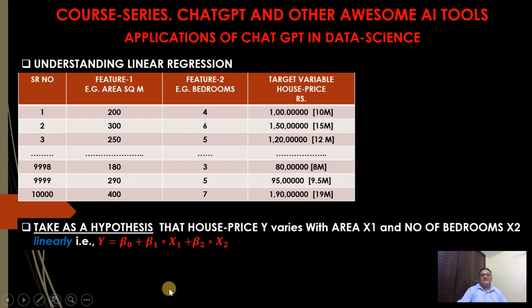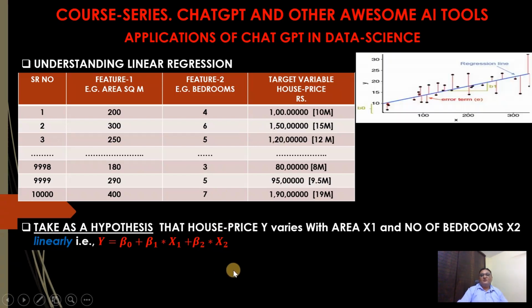So this is the meaning of word linearly varying. And remember, it is just a hypothesis that we assume that y, price, varies according to some such general equation with x1, that is area, and x2, that is the number of bedrooms.